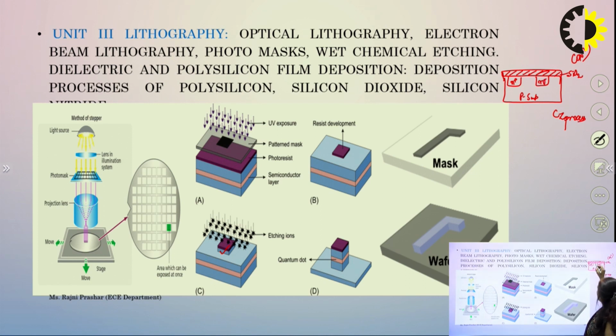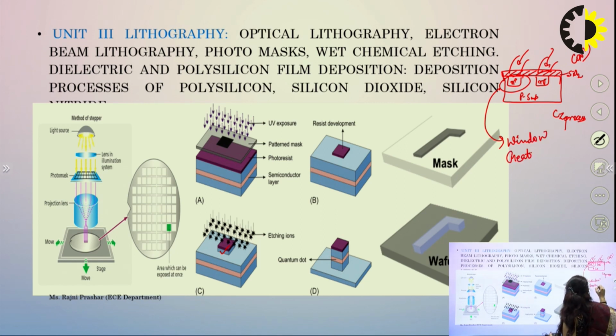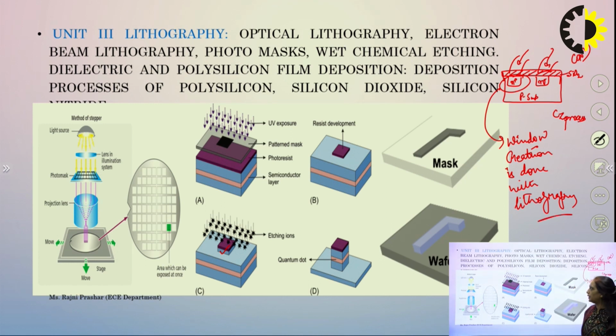These diffusions are done by removing the oxide layers and then adding the N plus impurities in the p-type substrate. This window creation is done with the lithography technique.